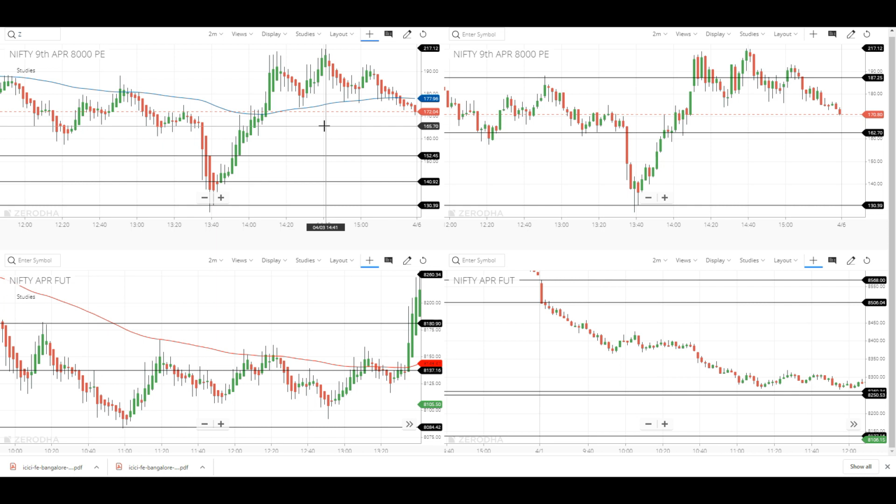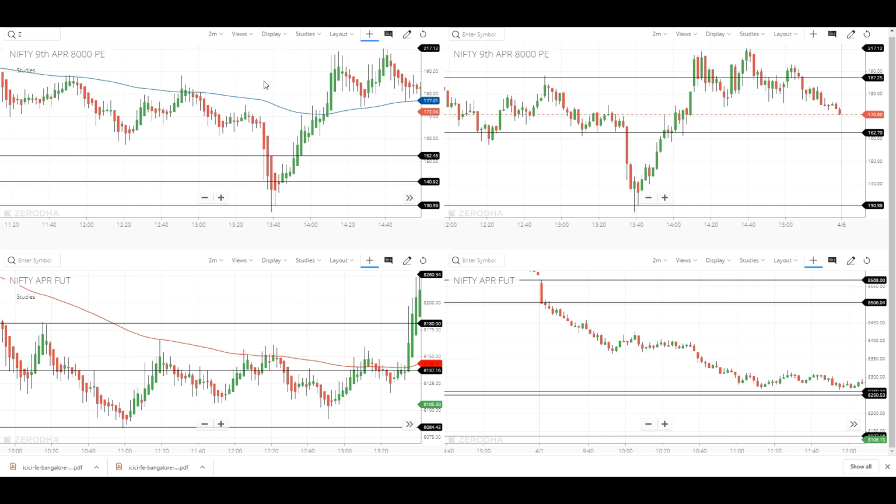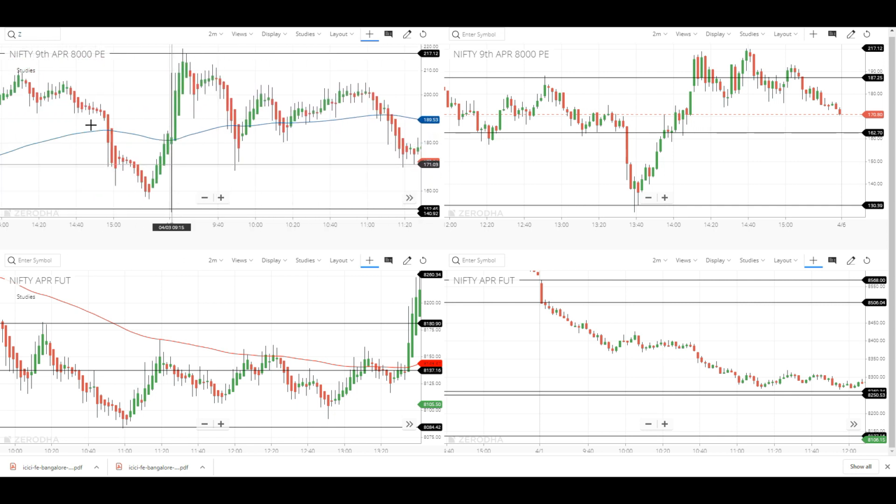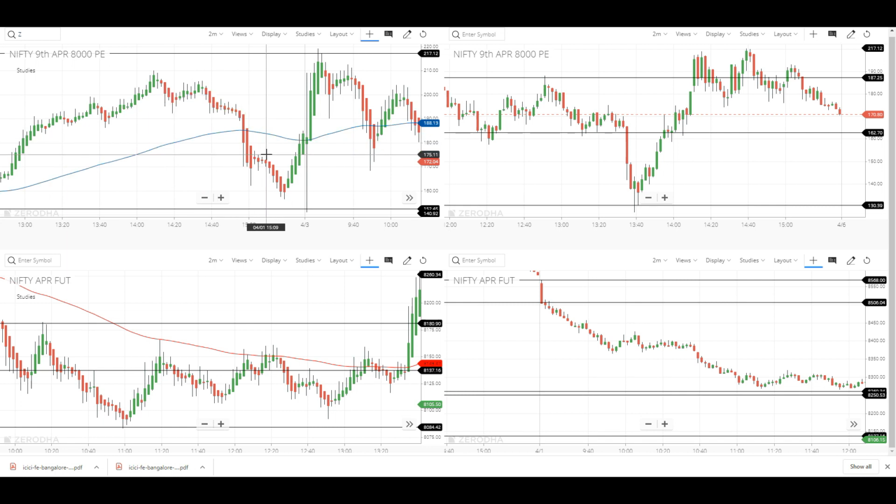So for this setup I will explain certain rules which we need to know before we get into this. Rule number one is, we will go long when the candlesticks are above this 50 WWMA, Wells Wilder moving average, and we will go short when it is below the 50 WWMA.